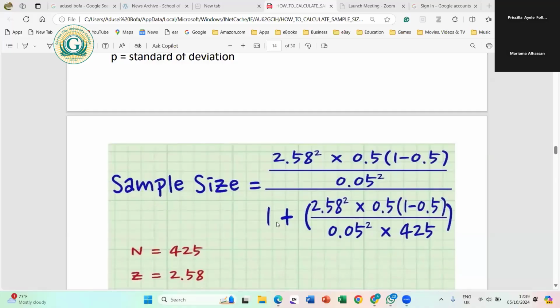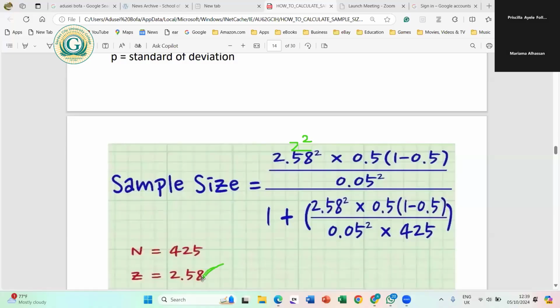What I'm saying is, the formula is P. Where is it? Here it is, Z square, and then we know that the Z stands for the Z score. So if you look at this one, 2.58. You see, Z is 2.58. That means that, can someone tell me the confidence level we are using here?